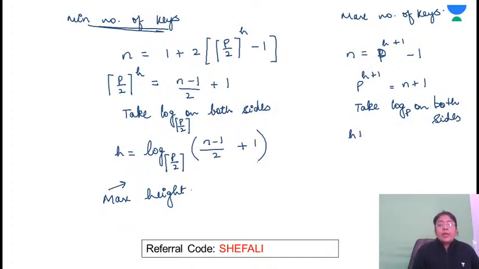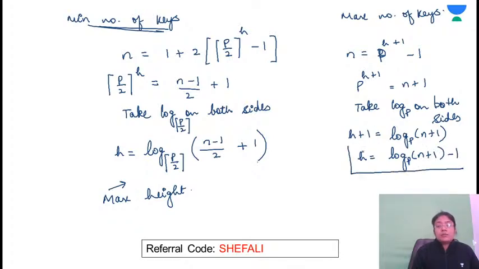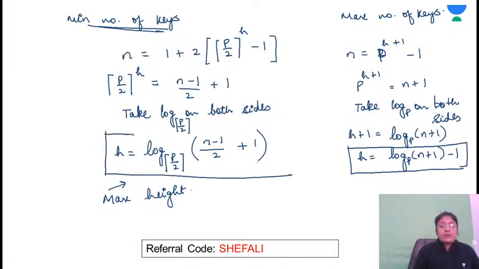So this comes out to be h plus 1 is equal to log p of n plus 1, and h comes out to be log p of n plus 1, minus 1. This is how you find out the height from the given number of nodes. Clear?